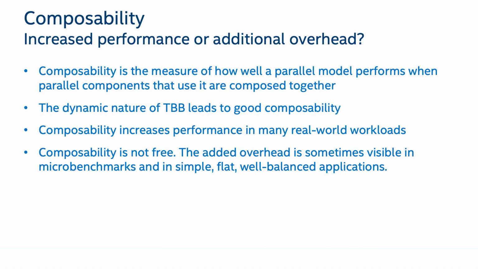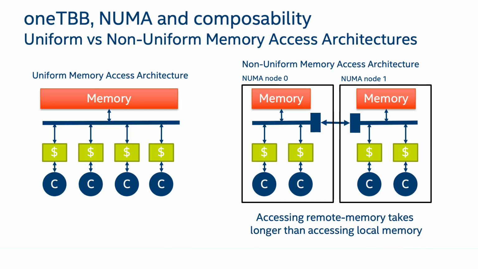So it's not for free. In some cases, in micro benchmarks, you might see the overhead of composability. But in real-world applications, it often outperforms something that's more static. But this brings us to the big problem. Now we have NUMA architectures. In a uniform memory access architecture, all your cores have uniform memory access to all of the shared memory.